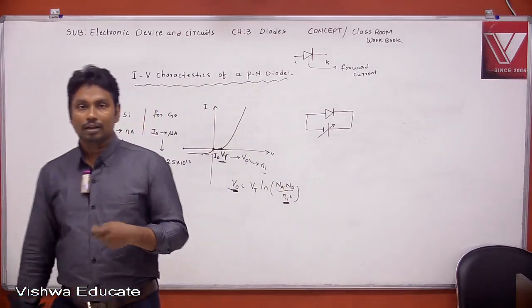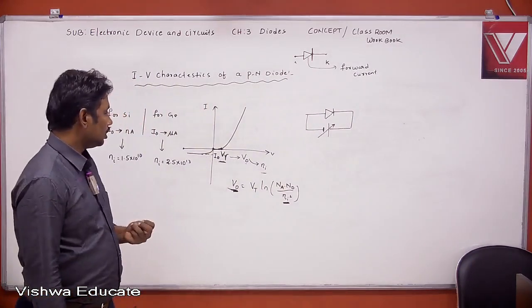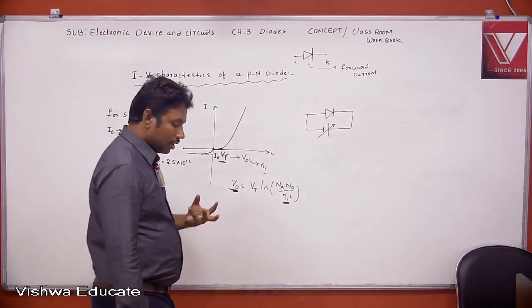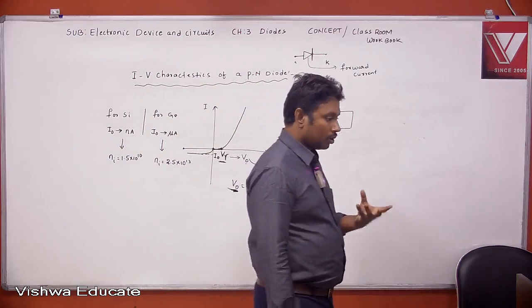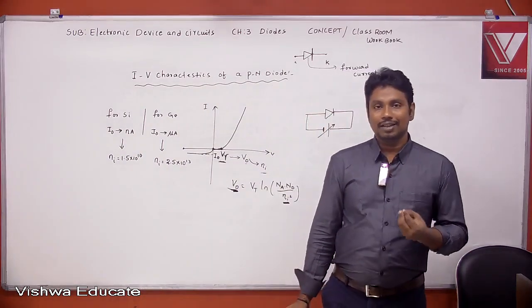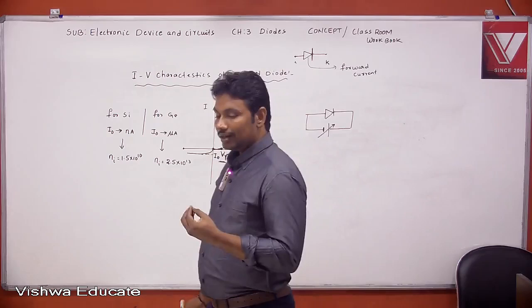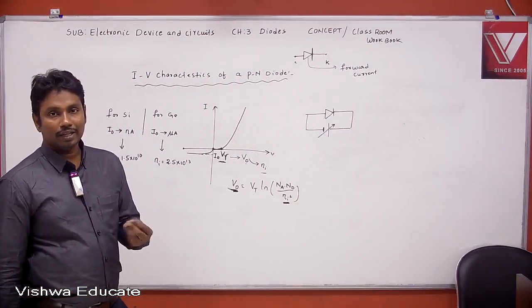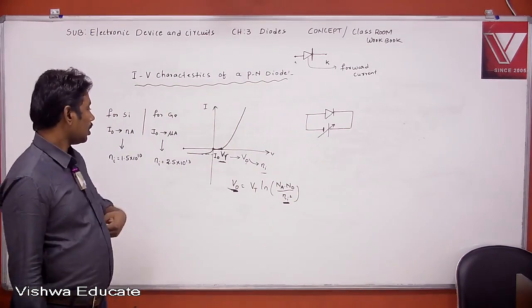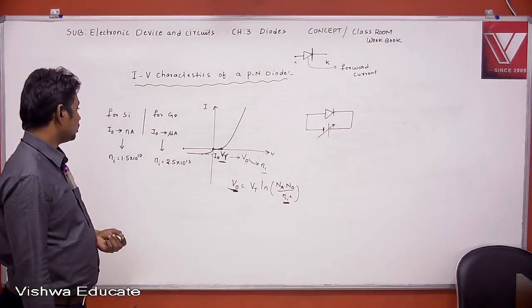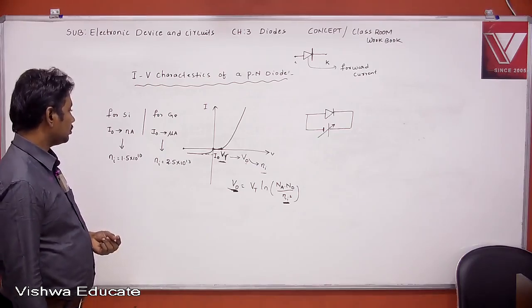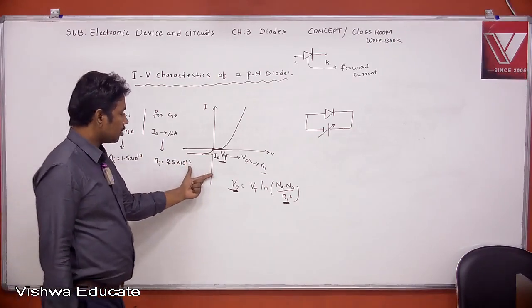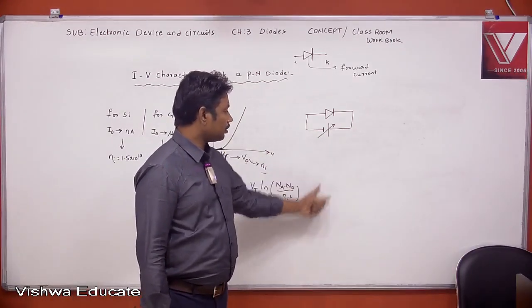This current is called reverse saturation current or leakage current. Also copy these reverse characteristics and this diagram.